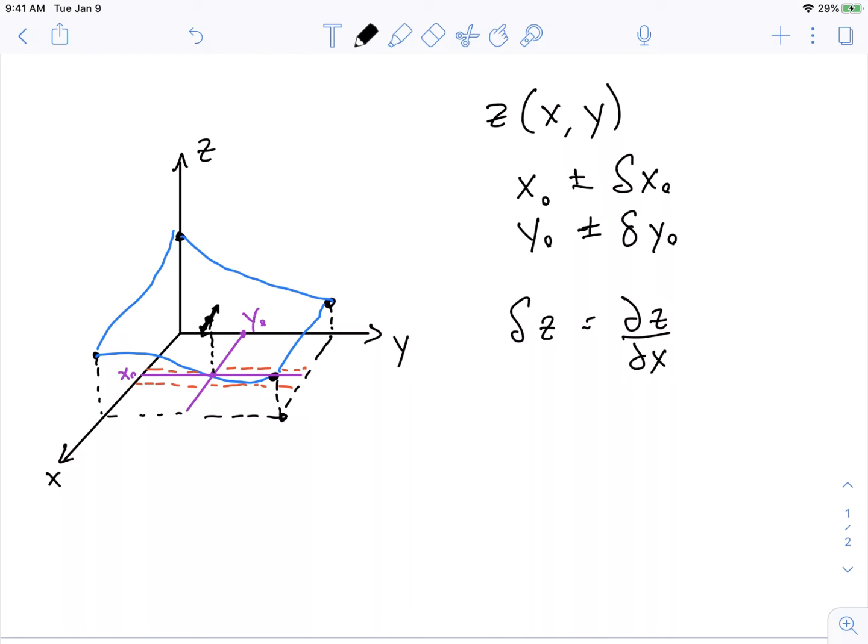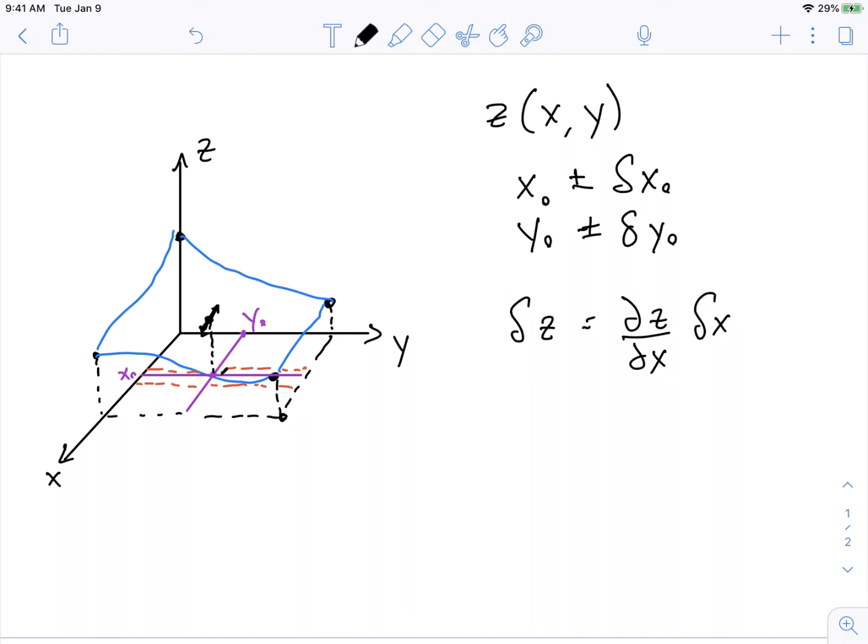You're not worrying about how y changes when x changes. And then we multiply this by the uncertainty in x, right? Because this is essentially the slope. So we get the contribution to delta z from the uncertainty in x.